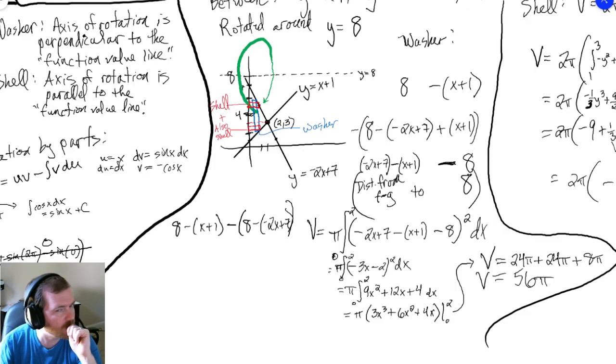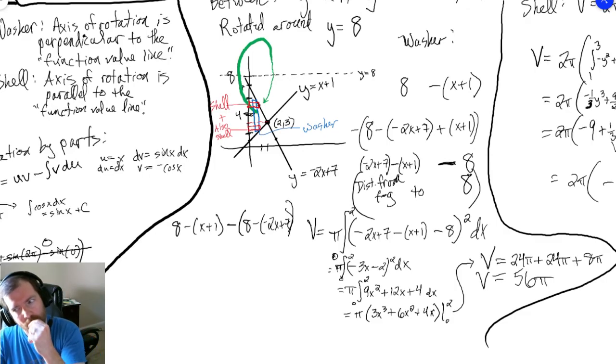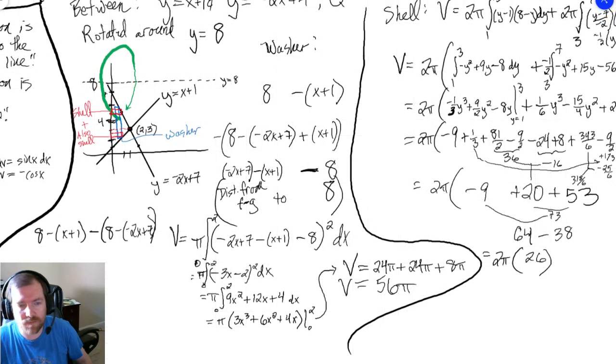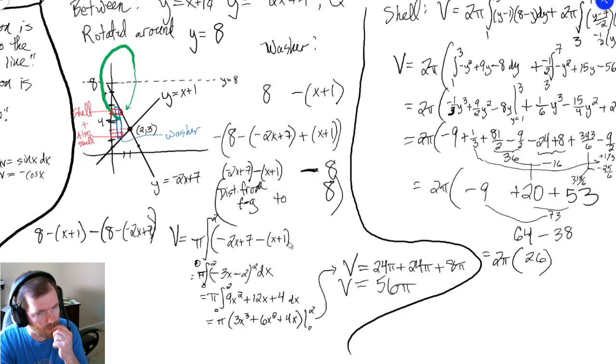Okay. So, it is quite possibly 52 pi then. All right, let's fix this. This is quite possibly why I was having so much trouble.